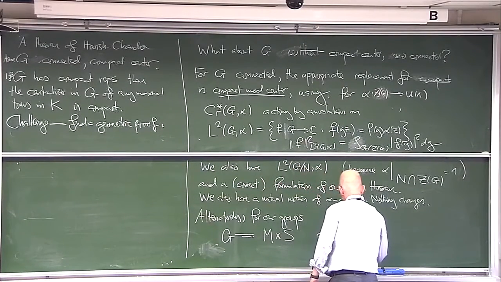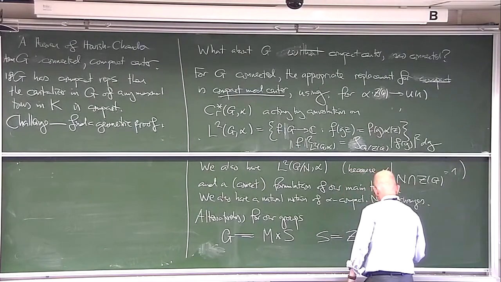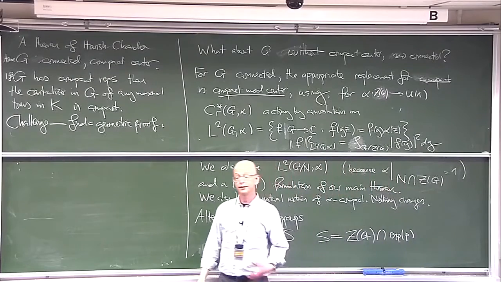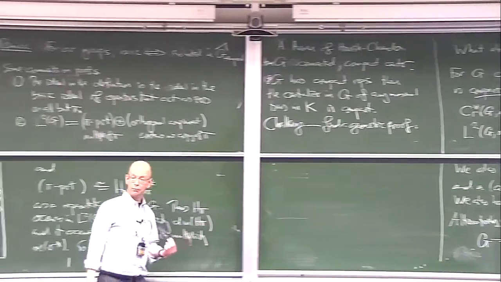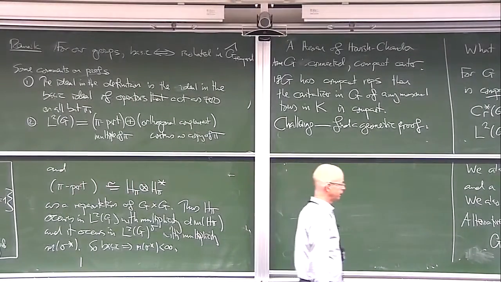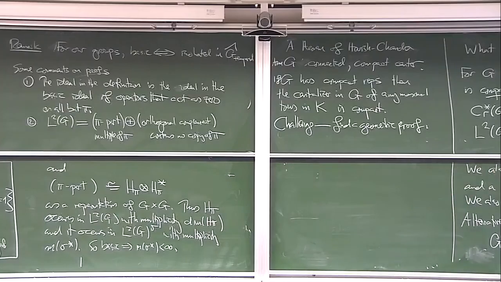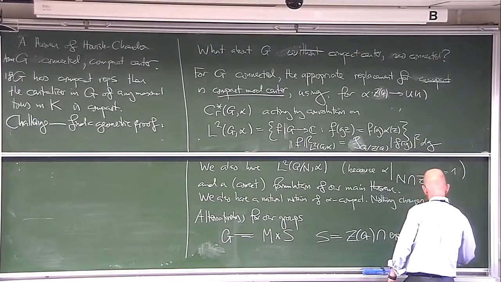So S is just the center of G intersected with X of P from this morning. So it's the part of the center consisting of positive definite matrices. There may or may not be positive definite matrices in the center, but if they are, they form what's called S. This is always called the split component of G.